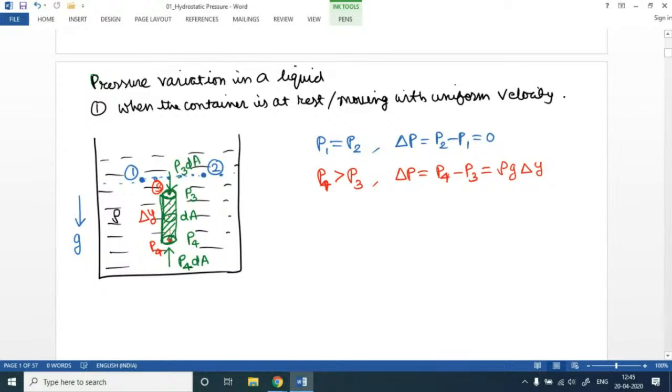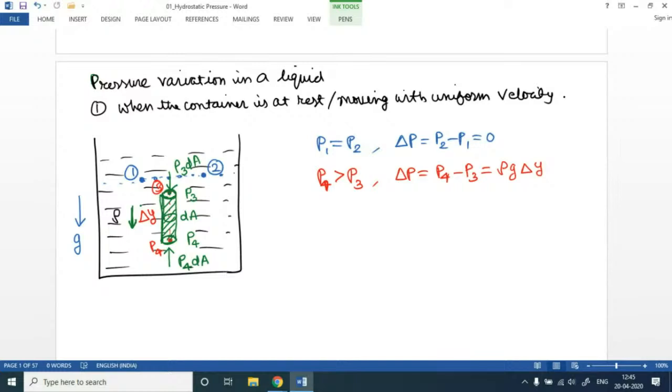Okay, so only I am considering the vertical forces, because the horizontal forces are anyway balancing each other. So this is P3 dA, and apart from that, this element of liquid will experience its own weight, which will be in vertically downward direction, and that weight is going to be mass times g.